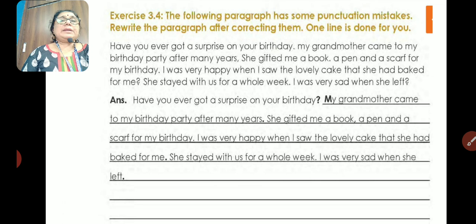Here this is a paragraph and we have to correct it with the correct punctuation marks. There are a lot of punctuation mistakes in this. They have put a question mark where they should put a full stop, and somewhere they have put a comma instead of a full stop. So all that we have to change and rewrite the sentences correctly in paragraph form.